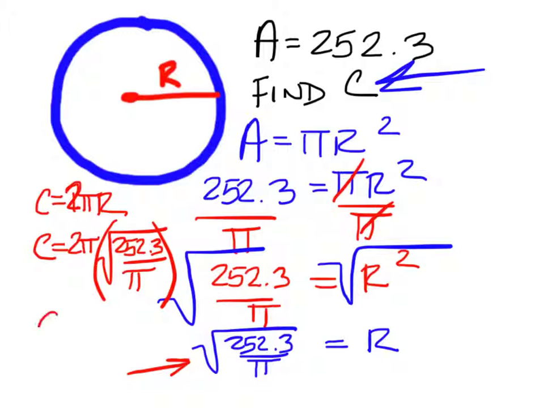In the calculator, it should be left hand parenthesis, second x squared, 252.3, divide, pi, right hand parenthesis, enter. But don't forget to times by 2 pi. And round to the tenths place, and that's going to be 56.3.